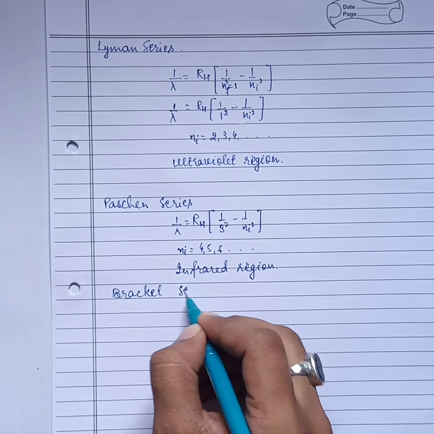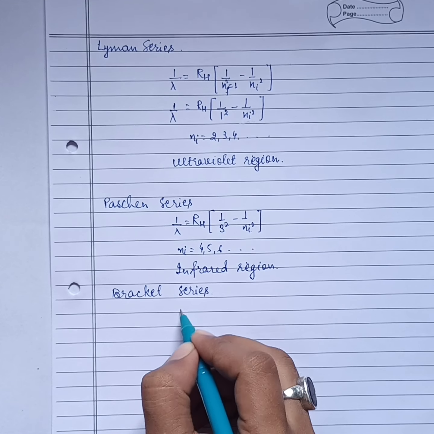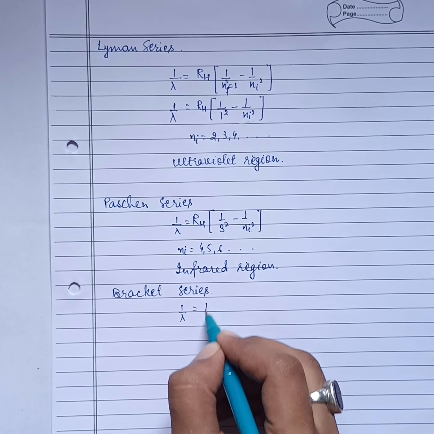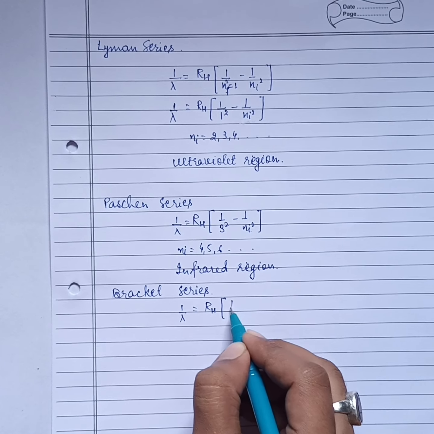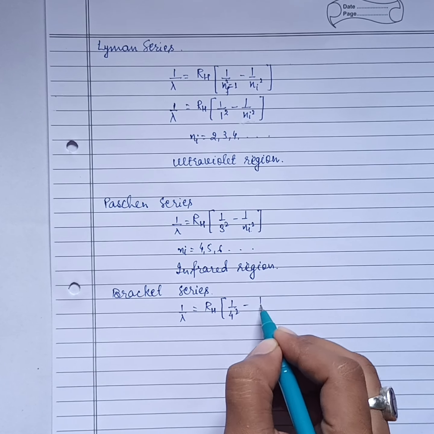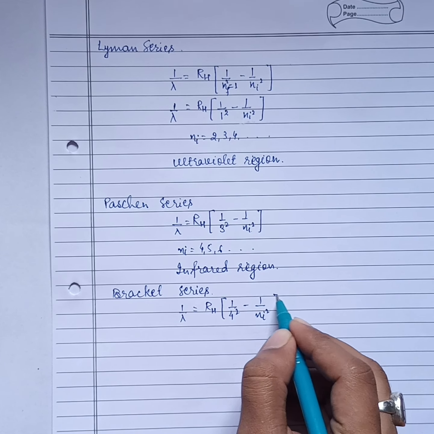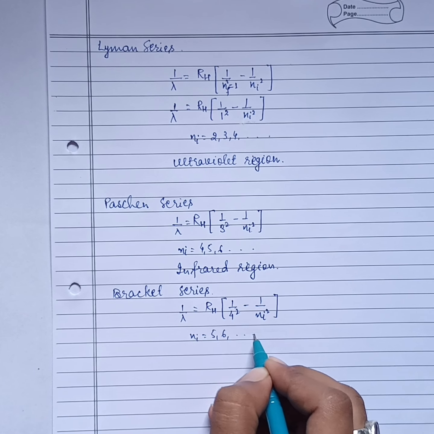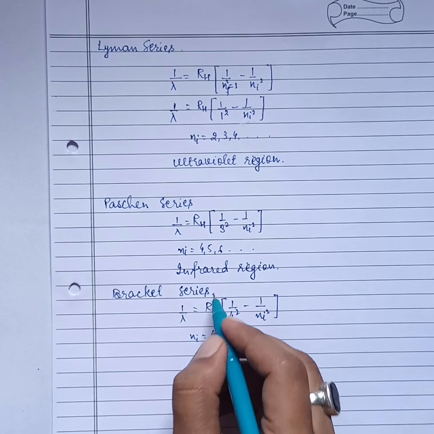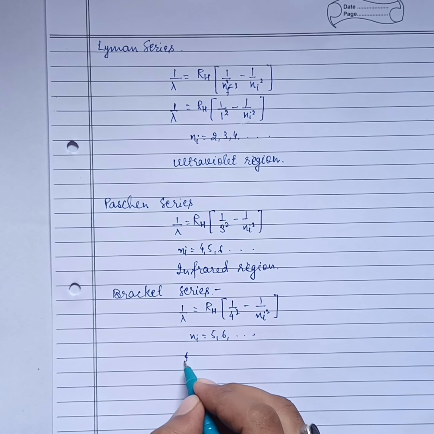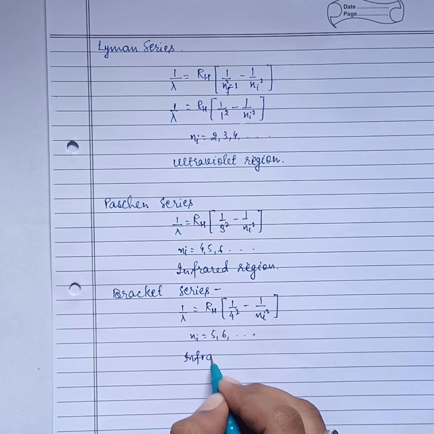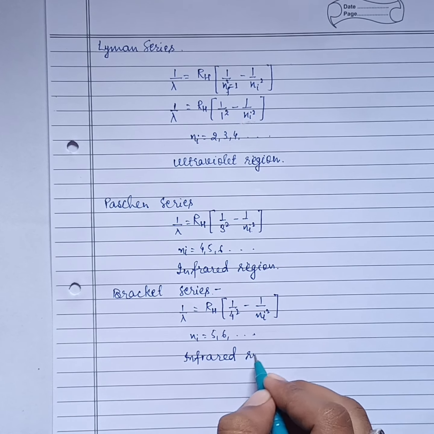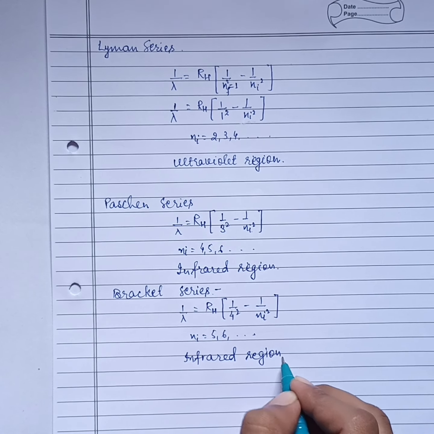We named it the Brackett series, where he put RH multiplied by 1 upon 4 square minus 1 upon n initial square, where n initial is equal to 5, 6 and so on. Again, the series fell in the infrared region.